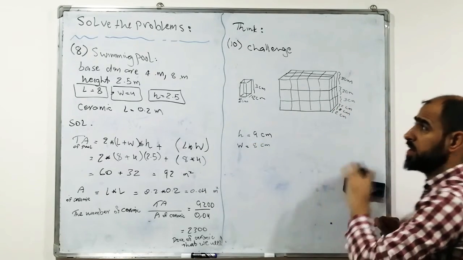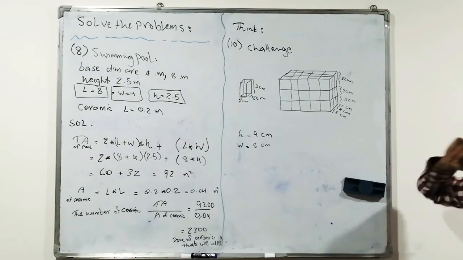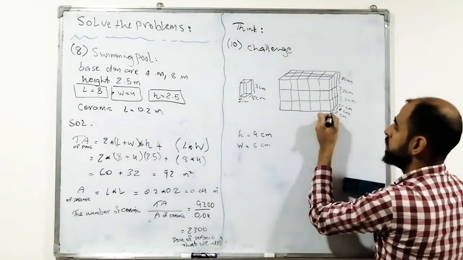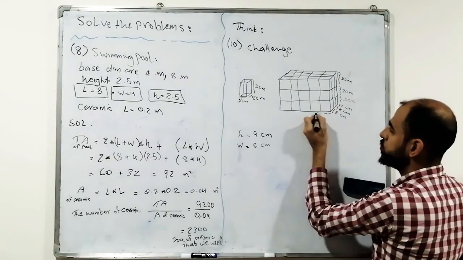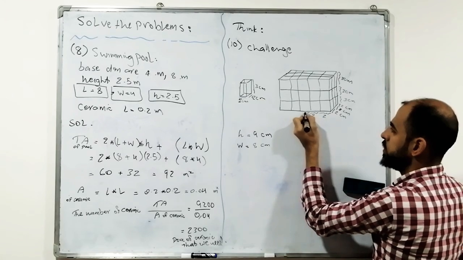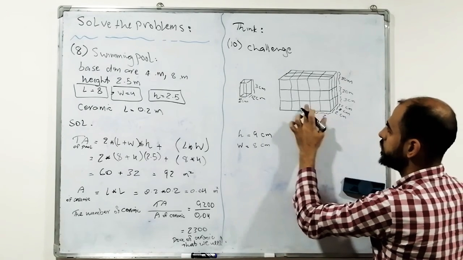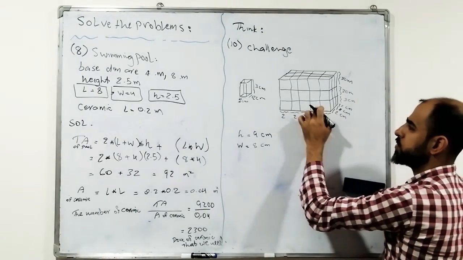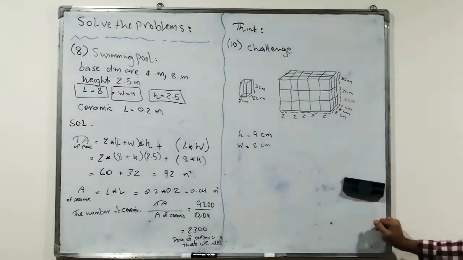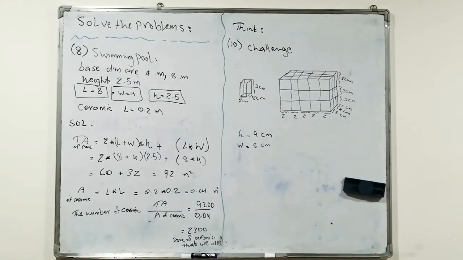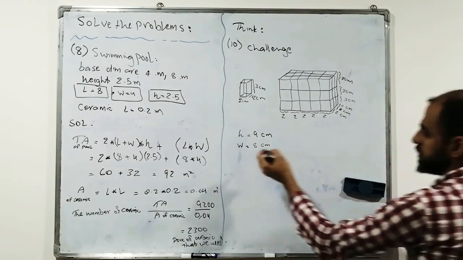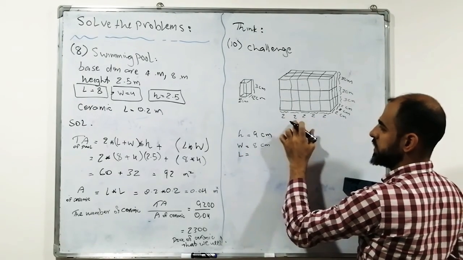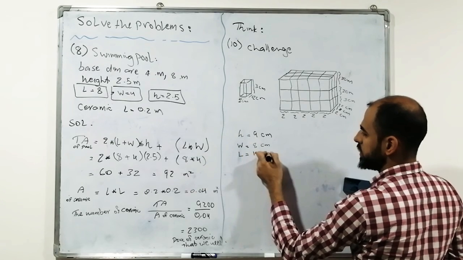And since the base of the parallelepiped is square, the length also will be 2 plus 2 plus 2 plus 2 plus 2. Why? Because we have 1, 2, 3, 4, 5 pieces of parallelepiped placed together. Then the length of the biggest shape will be 2, 4, 6, 8, 10 centimeter.